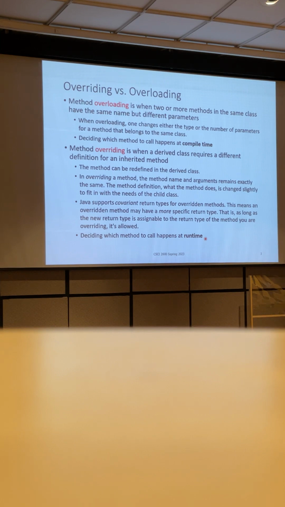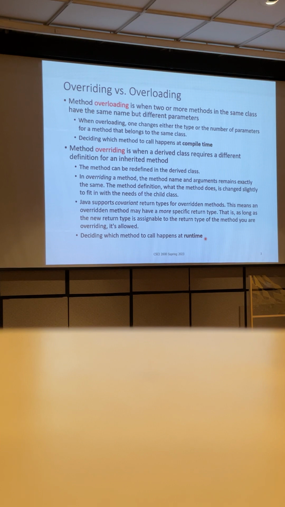All right, this last bullet point tells us why things are so complicated with overriding, because which method exactly to call is determined at runtime. That is, the actual type of the object that a variable contains, or refers to, matters. But it's even more complicated than that, because it's a two-stage process.